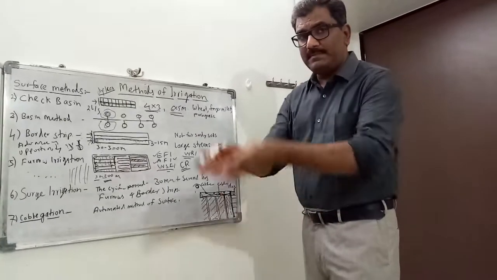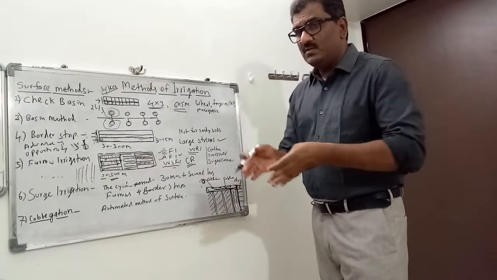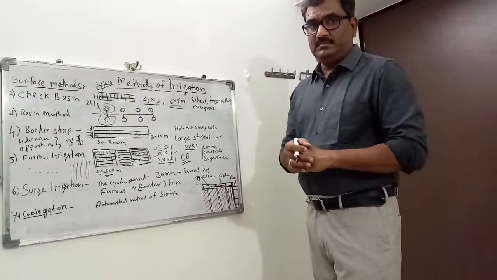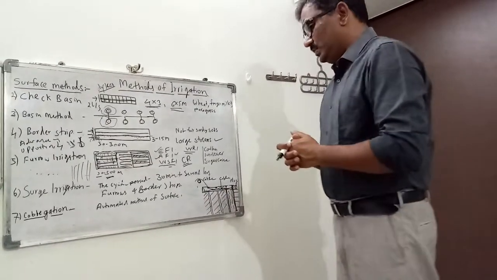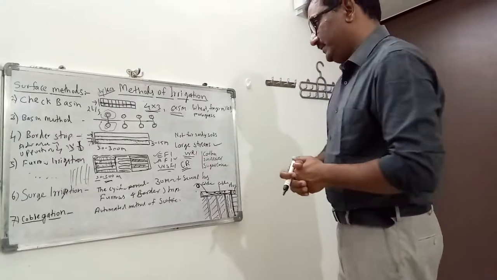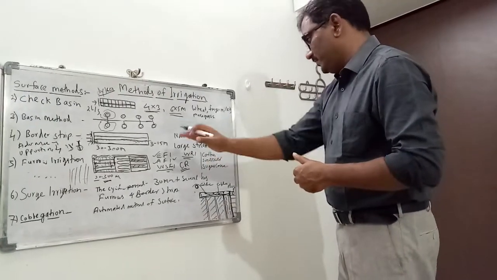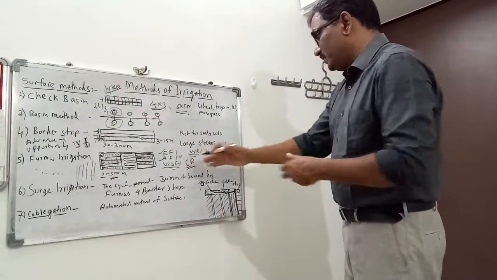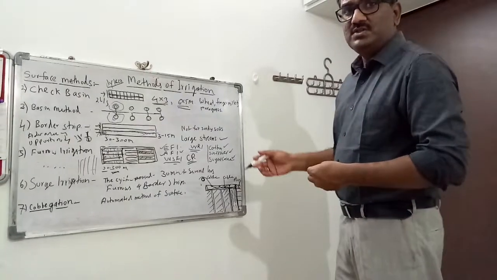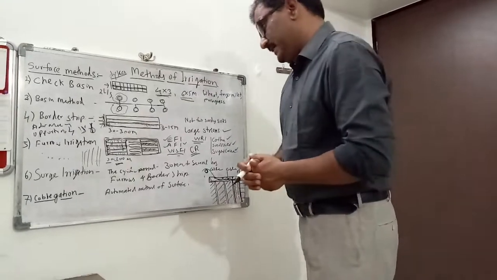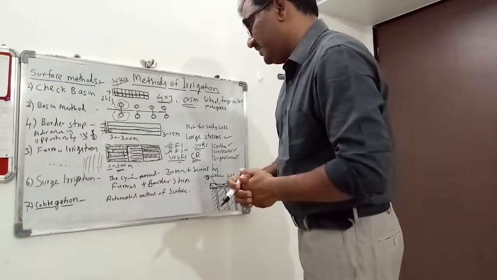Then shallow furrows are prepared, and we apply the water for the life saving of the crop. It is called corrugated furrow irrigation. So these are the different methods of applying water in the furrow method, particularly used for wide spaced crops like cotton, sunflower, sugarcane.